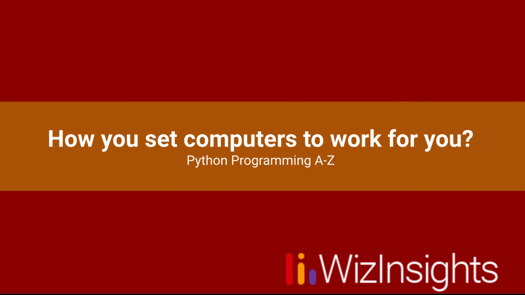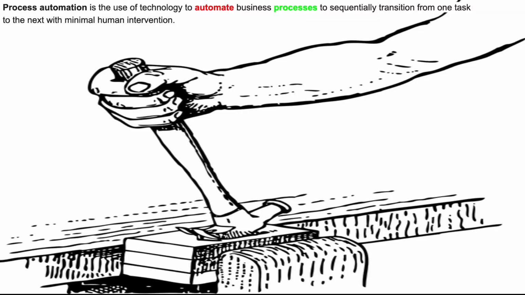Working in the IT industry, a lot of what we do boils down to using a computer to perform a certain task. So let's see. Process automation is the use of technology to automate business processes, to sequentially transition from one task to the next with minimal human intervention.